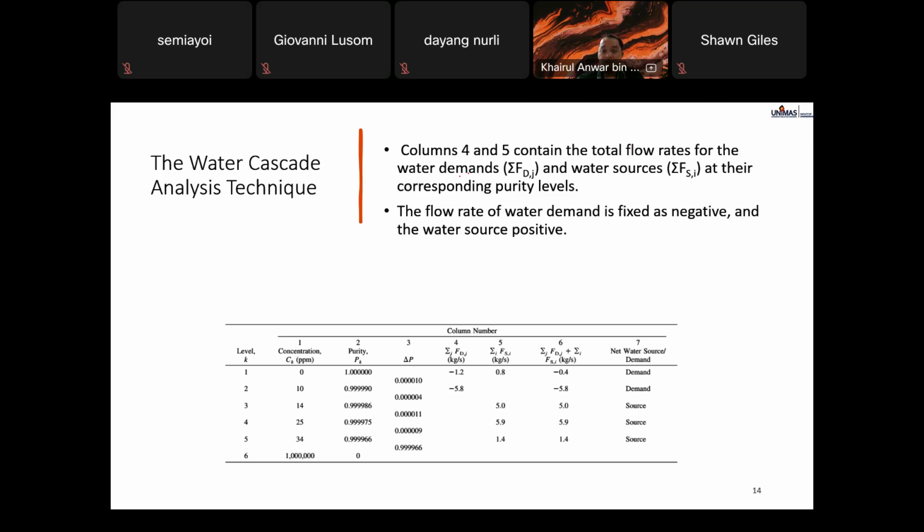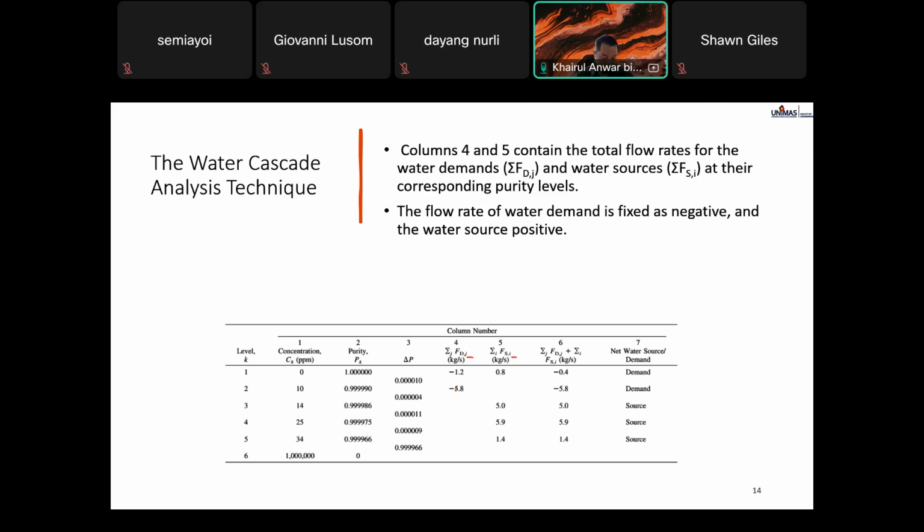Total flow rate for the water demand and water source at their corresponding purity level. The flow rate of water demand is fixed as negative and water source is positive. So for FDJ, FSI, this is for flow rate. D is the demand and S is the source, so for the demand the value is negative. Where do you get this value?